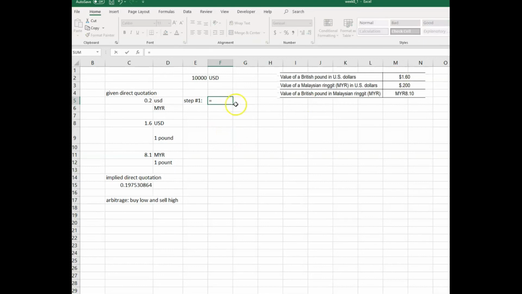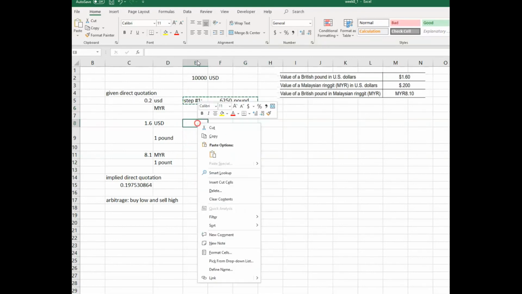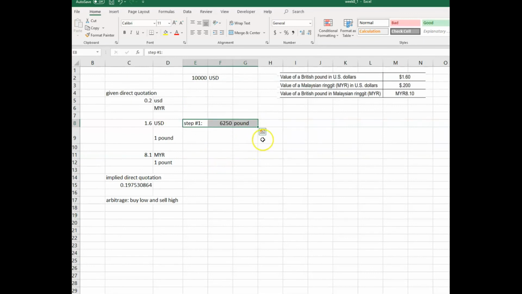So this is 10,000 divided by 1.6. With $10,000, we can buy 6,250 pounds. So this is step one.